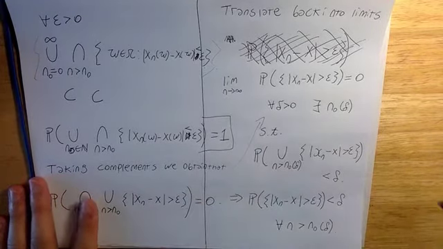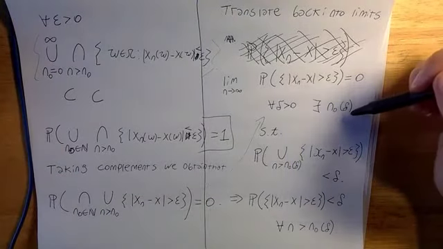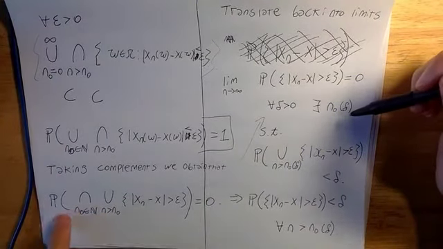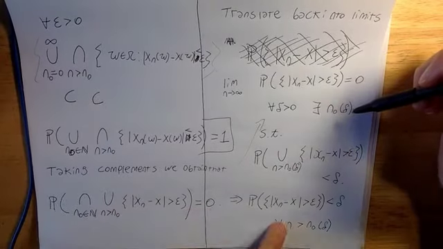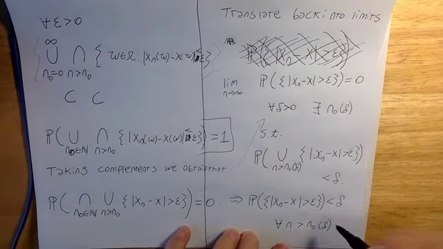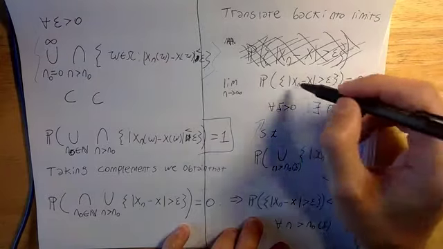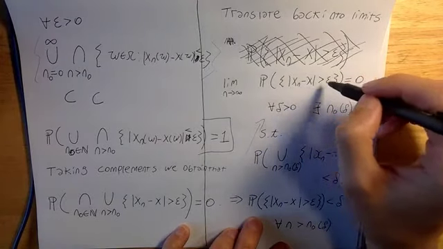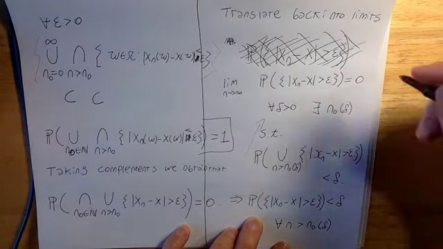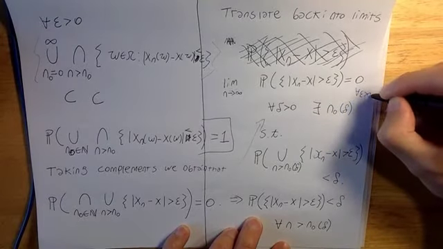Okay, so in general, for every positive delta, we can find this n0 such that this probability becomes smaller and smaller, and we actually get the desired thing, that the limit of the probability that |xn minus x| is bigger than epsilon is equal to 0 for every epsilon positive.